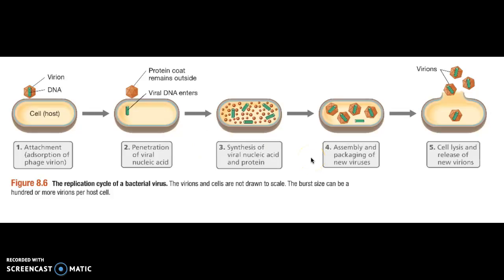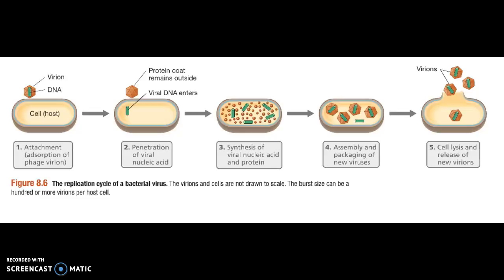Step 4, all of the newly made nucleic acid and protein are packaged. And step 5, they are released. This release happens towards the end of the maturation phase and is a result of either cell lysis or by budding or excretion, depending on the type of virus.